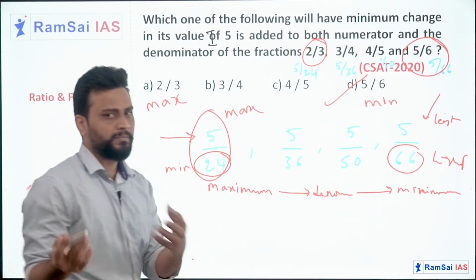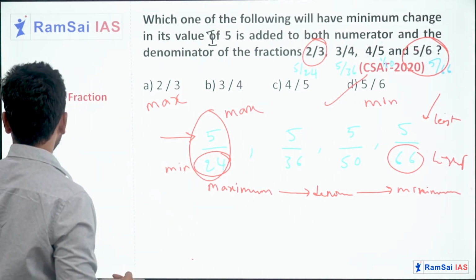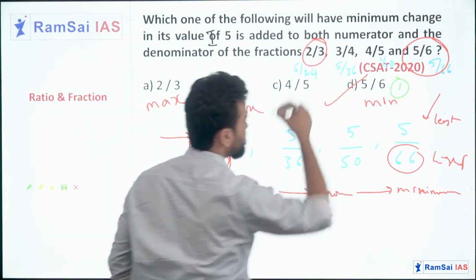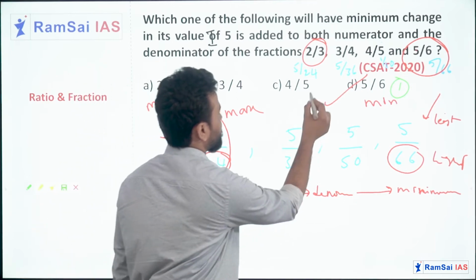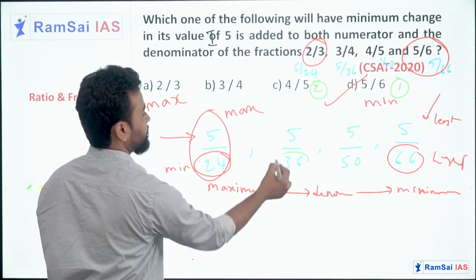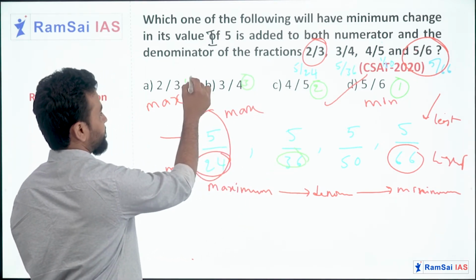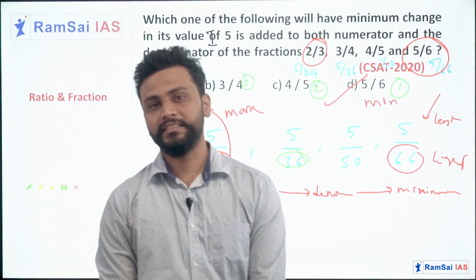So if you want me to write them in ascending order, the minimum change is for 5 by 6, and the next change will be for 4 by 5, and the third change will be for 3 by 4, and the maximum change is for 2 by 3. So this is the ascending order. From this you can understand one thing.